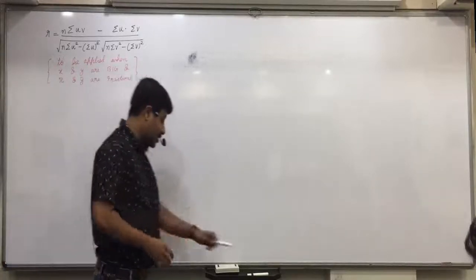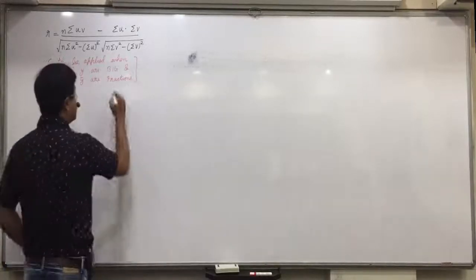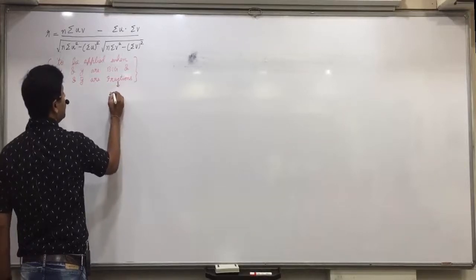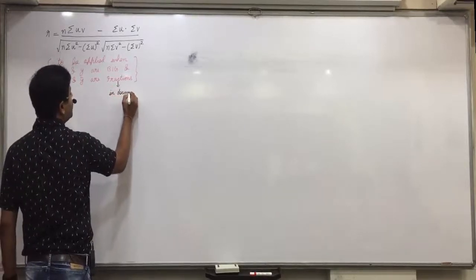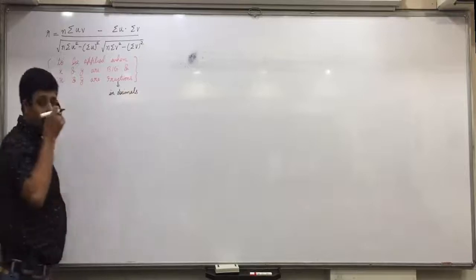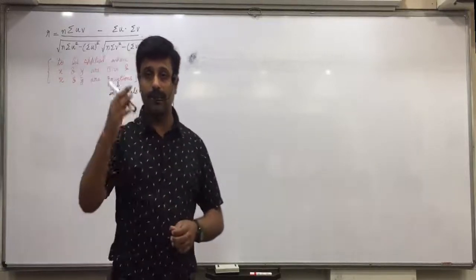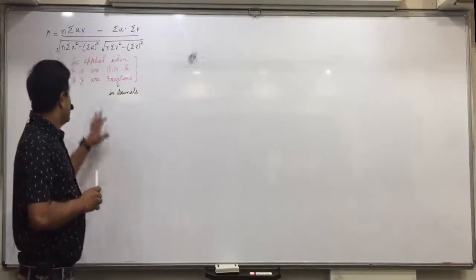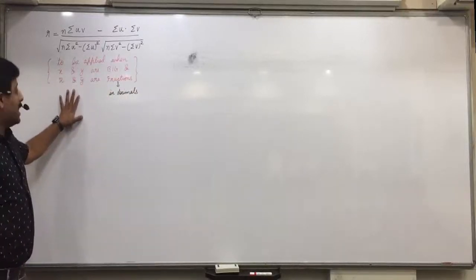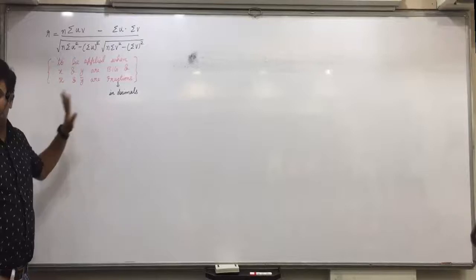What do you mean by fractions? Decimals. If it comes in decimals, then we will use this formula. Okay, it will be applied when x and y are big and x bar and y bar are in fractions.